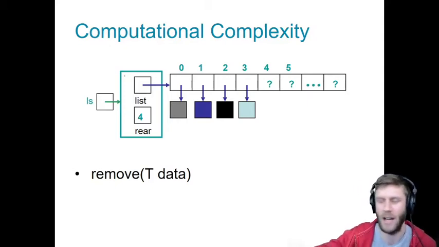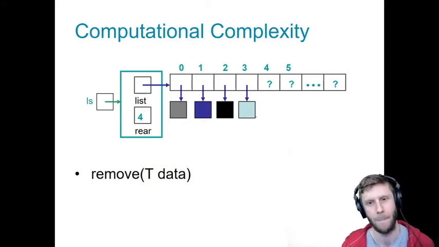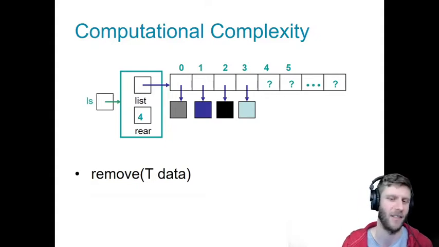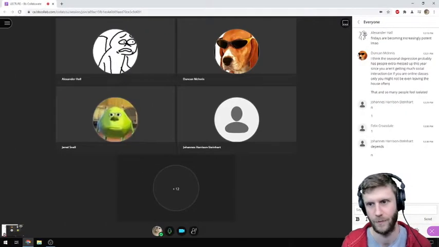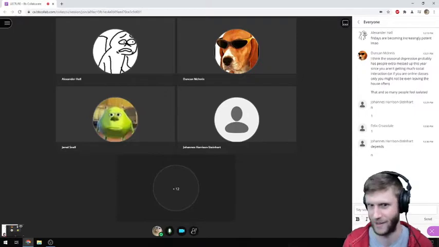So I don't really know where the thing of type T is. What's the computational complexity of this? N. Well, what do you mean depends? This is interesting.